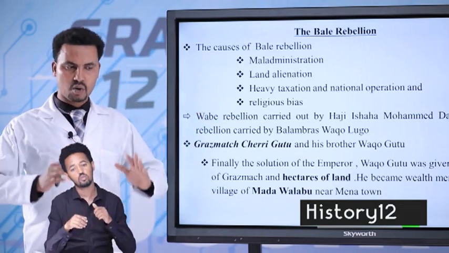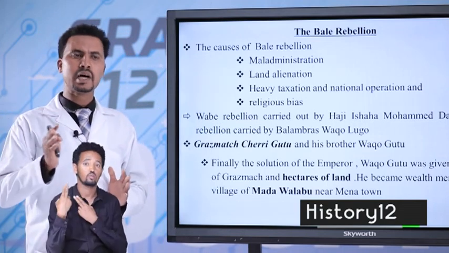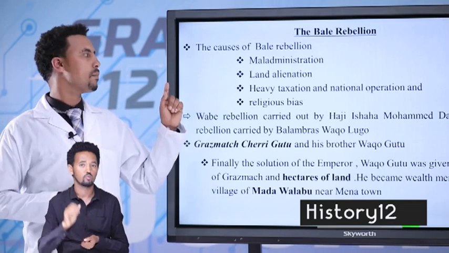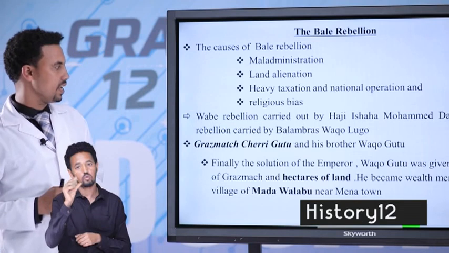By the way, the only Ethiopian rebellion assisted by a foreign power was the Bale rebellion. Somalia was a supporter of the Bale rebellion.